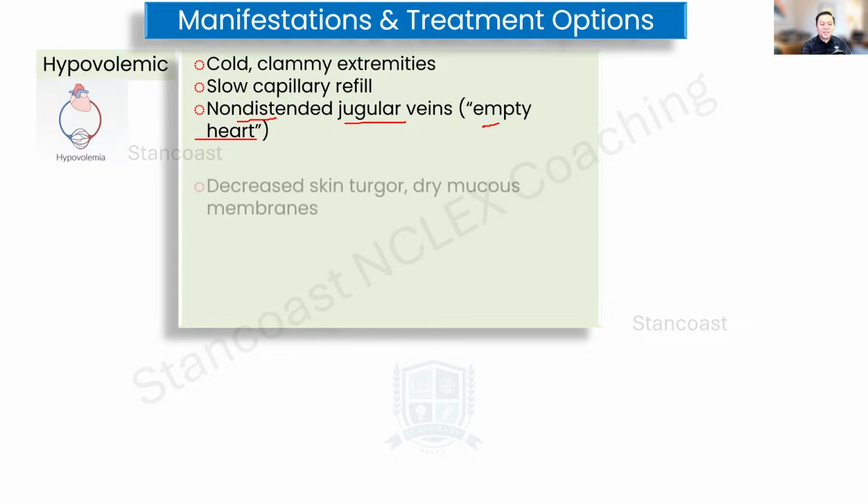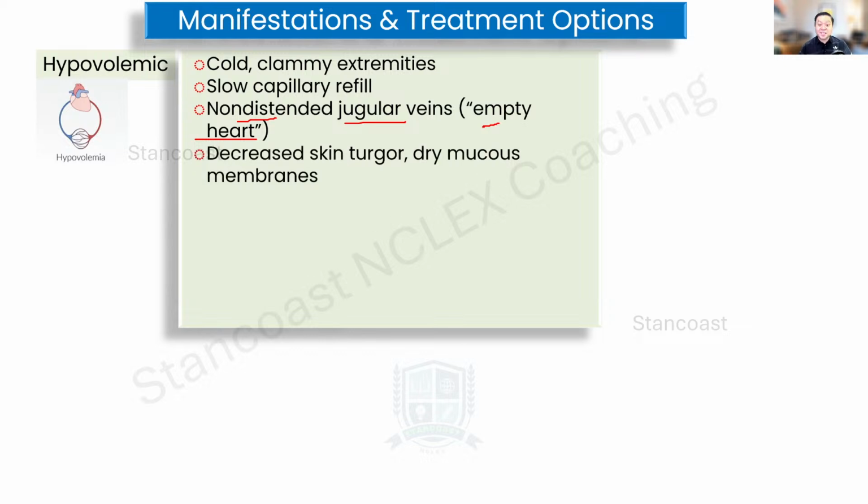Now let's talk about the decreasing skin turgor. Remember that dehydration here can also affect the integumentary system. The mucous membranes will be dry, which you can expect when looking into the oral cavity. Or it could be that the patient may have signs of GI bleeding, for those patients that may have some hemorrhage in the GI tract, maybe they have a perforated ulcer. Oh, wonderful. That's my favorite patient.